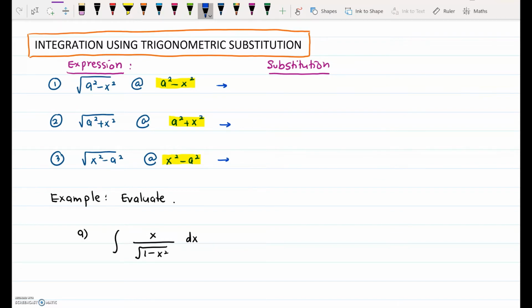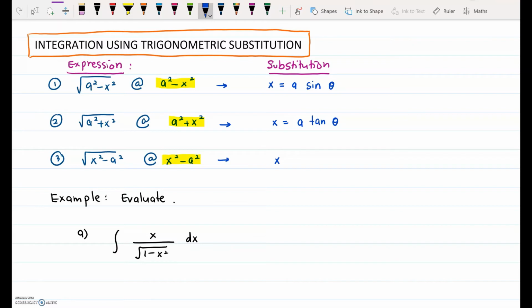So for the first one, for the expression a square minus x square, the substitution that we will use is x equals a sine theta. Secondly, for the expression a square plus x square, we will substitute x equals a tangent theta.